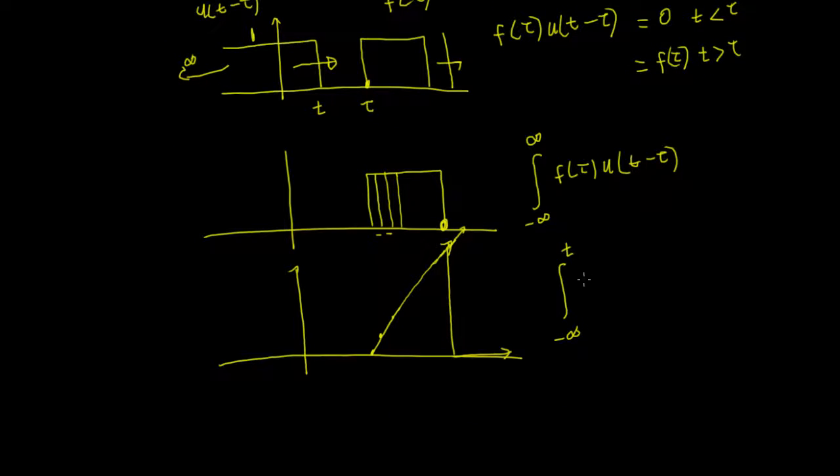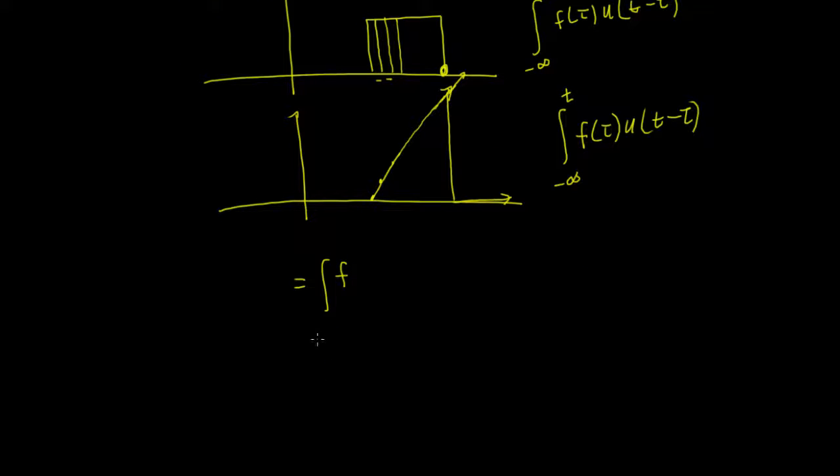So we can rewrite this out: f of tau u of t minus tau is equivalent to finding the integral of our function, so the integral from minus infinity to t of f of t dt just equals our function f of t convolved with u of t.